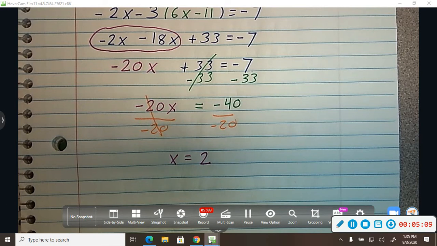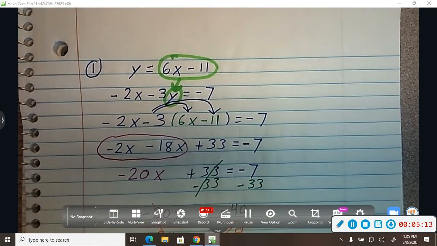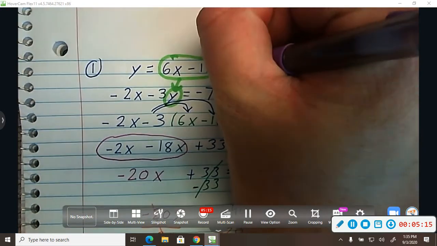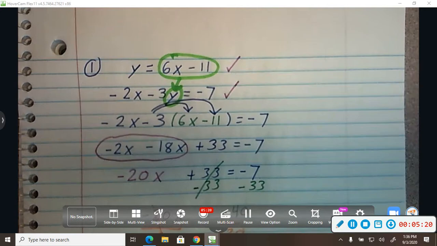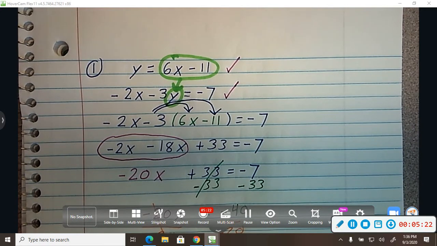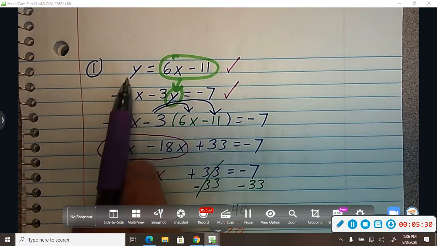To find the y value where they intersect, we pick any equation we want. We have this equation. We have this equation. Your choice. Which equation looks easier to plug into? The top one.